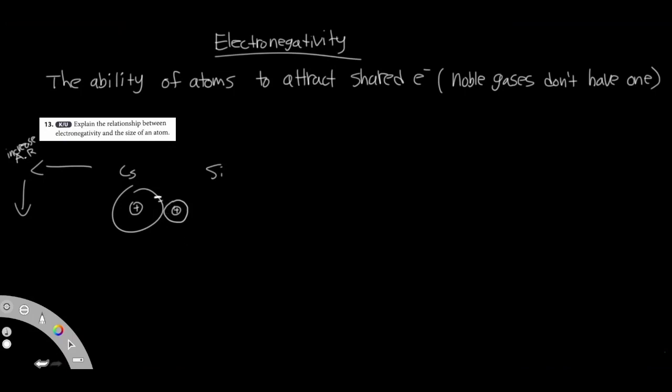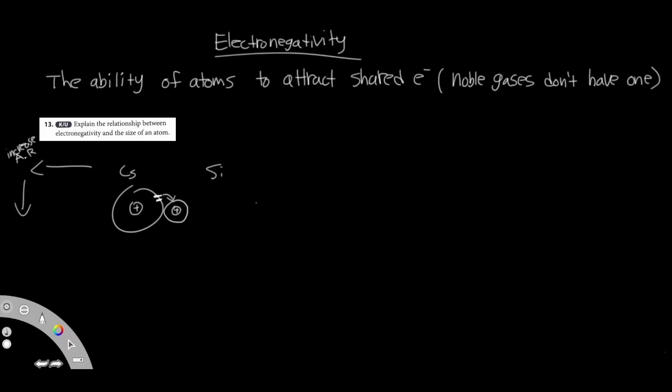The electrons here are very, very close to the silicon. This means that the silicon is able to attract these electrons quite well toward its center.